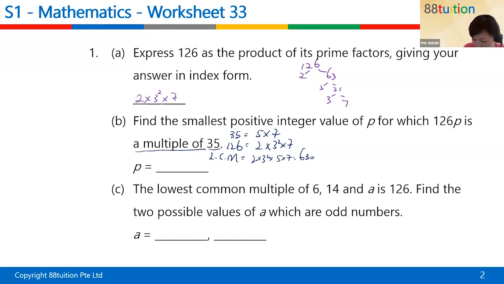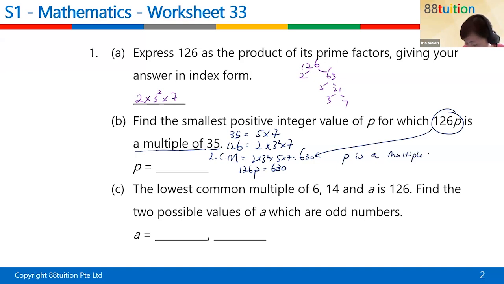However, the 126p must be equal to 630. So p is a multiple, right? So how to find p? 630 divided by 126 would give you 5.